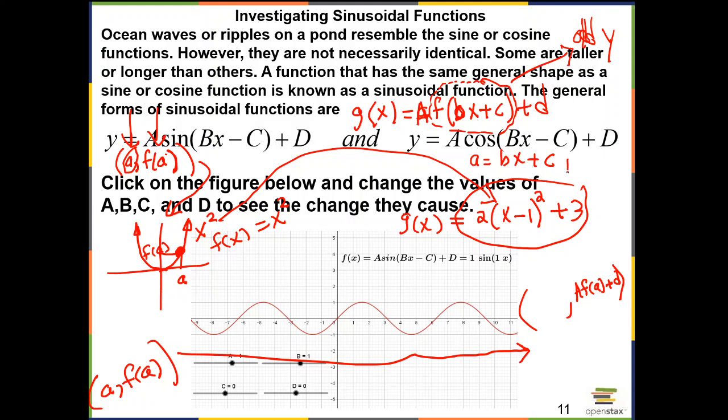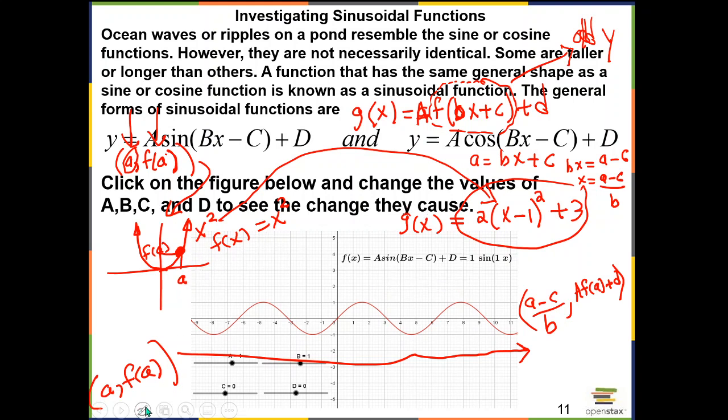So bx is going to be a minus c, so the new x is going to be a minus c divided by b, right? So every point here, we can transform into a new point and graph the new function.